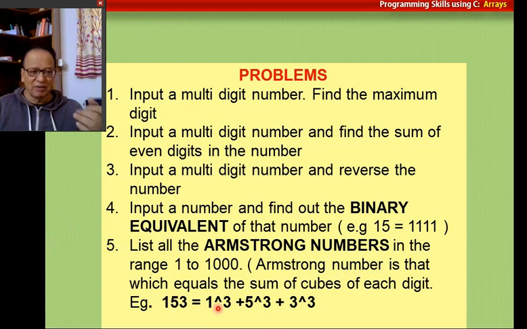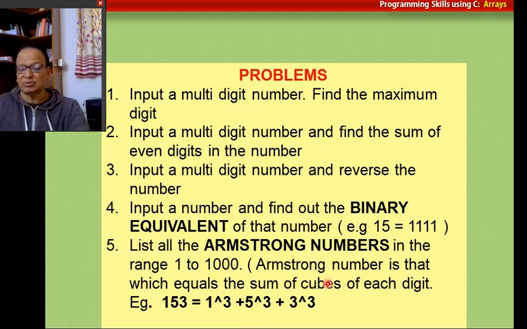Take the digit, raise it to power 3 and add it to the previous sum. Take the next digit, raise it to power 3, add it to the previous sum, till you do it for all the digits, and at the end you ask if the sum is equal to the number. If it is so, you print that number, otherwise go to the next number. So this is what you will have to do.